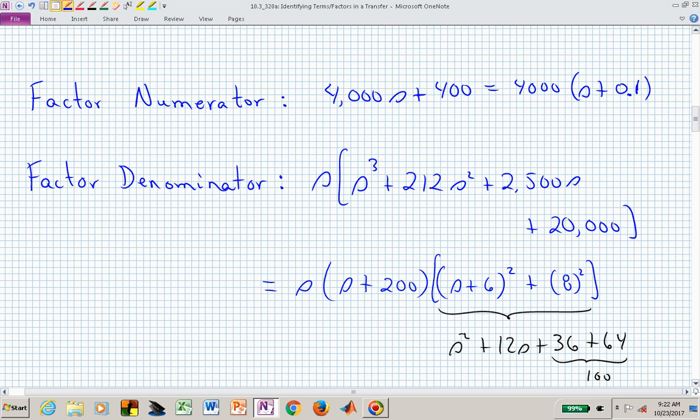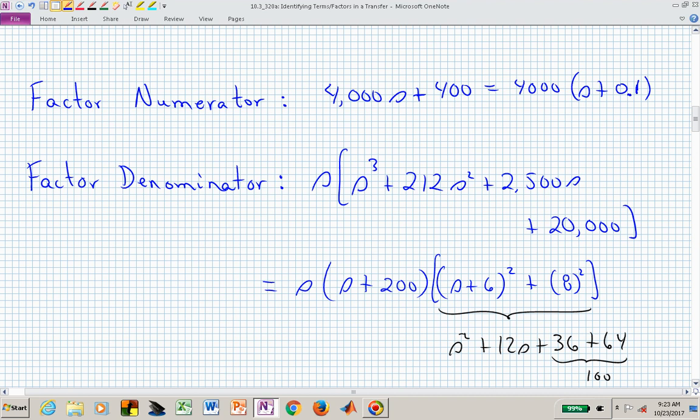If we multiply it out, we'll see we have s squared. There's the quadratic piece, and you could then put this into a quadratic formula and find those roots of minus 6 plus and minus j8. We're now multiplying those out to produce a different form or structure for that denominator quadratic factor.